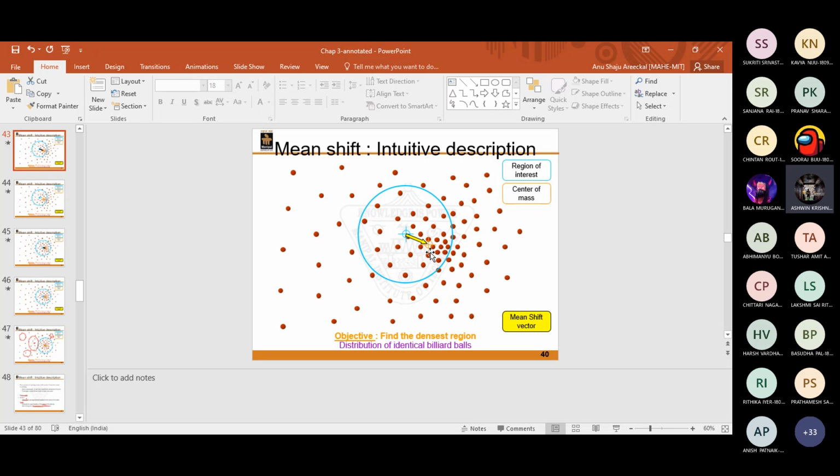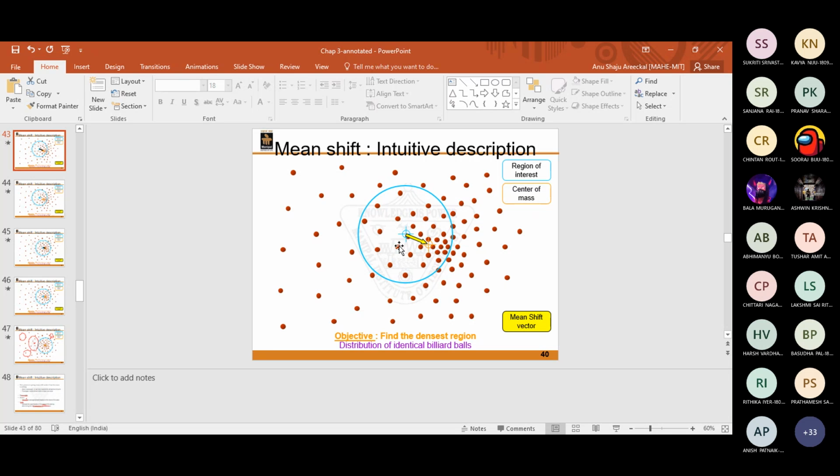Now, as I said earlier, when you're trying to find the mean shift vector, you can either do the averaging in a uniform way where you consider that all the data points have equal contribution to the center of the circular region of interest, or you can also take a weighted averaging where you're giving more weightage to the points which are lying nearby the center of the circular region of interest, as compared to the ones which are far away, and so on.